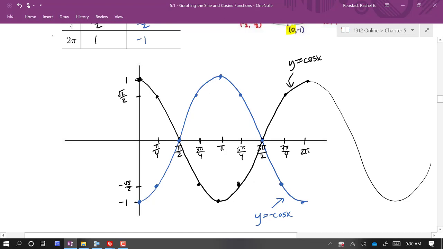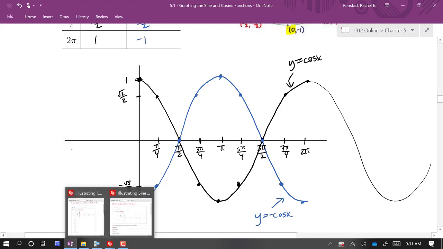Alright, so we see the same relationship between the black and the blue curve as we saw on the last page. The blue curve basically is a reflection of this black curve. I'm just flipping the graph over across the x-axis.